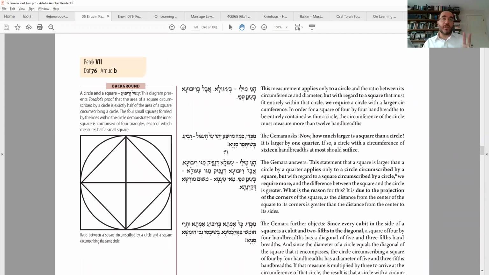So first we make an incorrect calculation, and we say how much bigger is, this is actually area, how much bigger is a square around a circle, right?